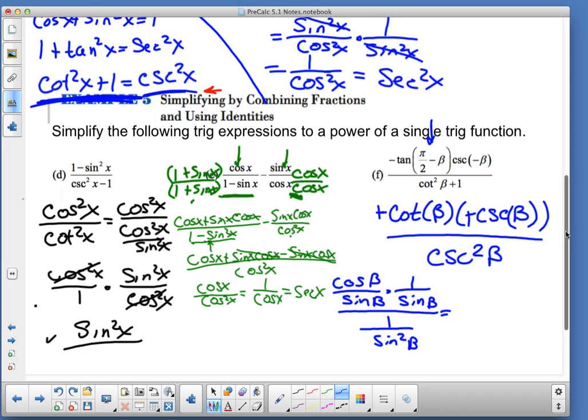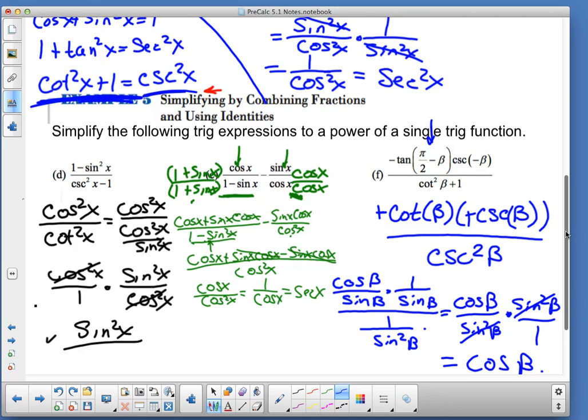So I've got cosine beta over sine squared beta times, remember, division by a fraction is the same as multiplication by the fraction's reciprocal. So I've got sine squared beta all over 1. My sine squares are out, and my final answer is cosine beta.